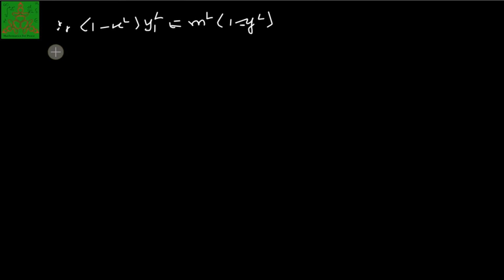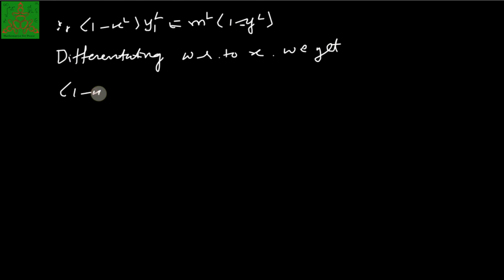Differentiating again with respect to x, we get (1 minus x square) as it is. Here we have to use the product rule. So 1 minus x square is as it is, and the derivative of y1 square is 2 y1 y2, since by chain rule the derivative of y1 is y2. Plus, as per the product rule, y1 square as it is, and the derivative of 1 minus x square is minus 2x.